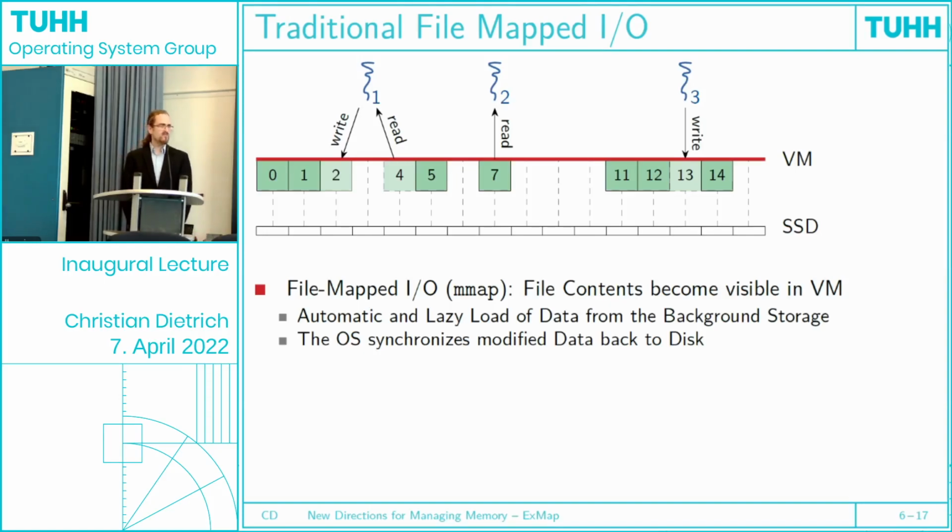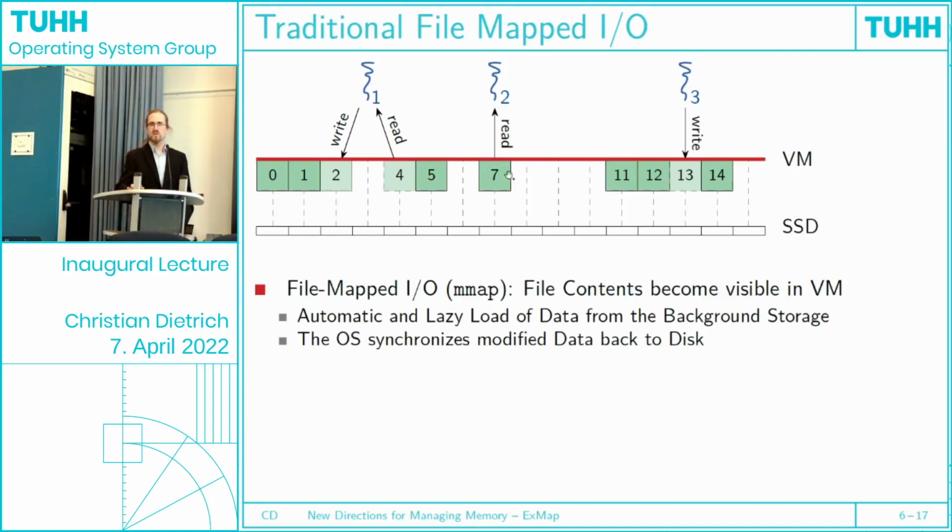The other variant is that you do file-mapped I/O by invoking mmap, and by that you say to the operating system, please, the contents of that file, make those contents visible within our virtual memory surface here.